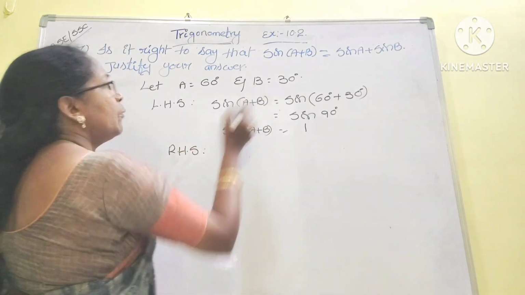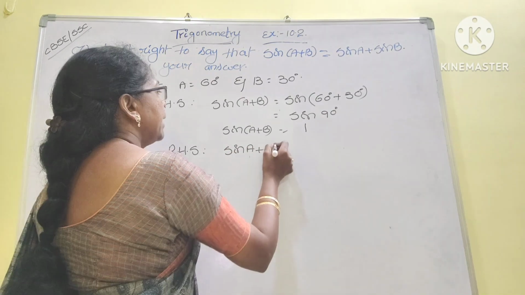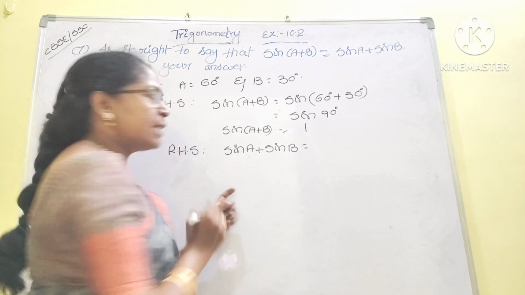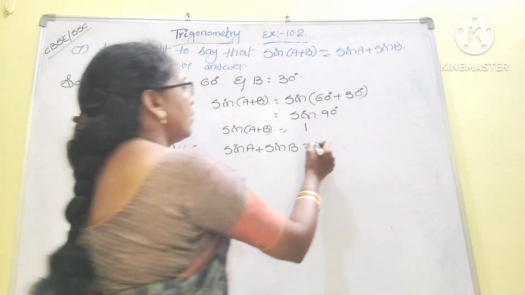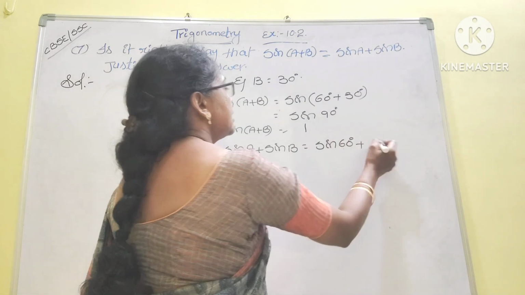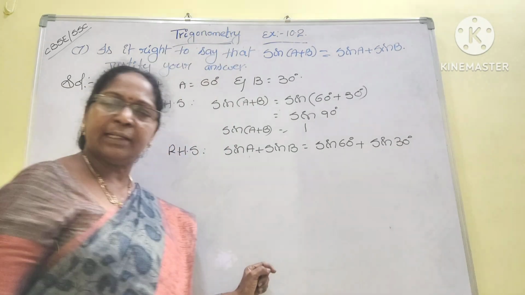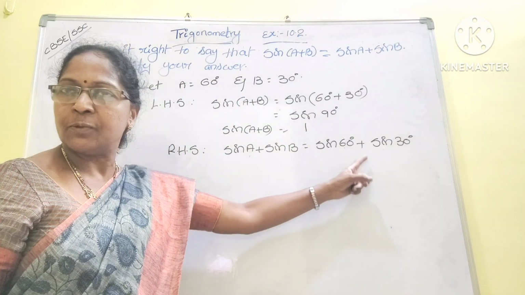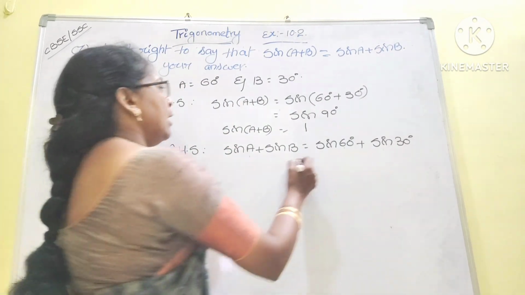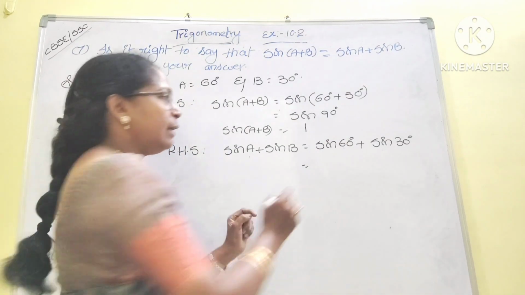Now you have to take RHS. Consider that RHS value. What is that? Sin A plus sin B. Sin A equal how much we assume? 60 degrees. So sin 60 plus sin B equal to 30 degrees. Just you have to substitute those two values in place of A and B. Where sin 60 equal to how much value? Root 3 by 2.